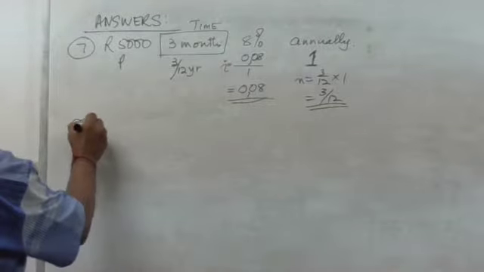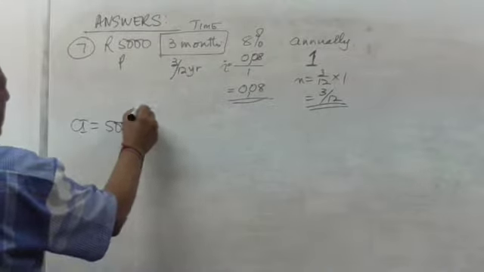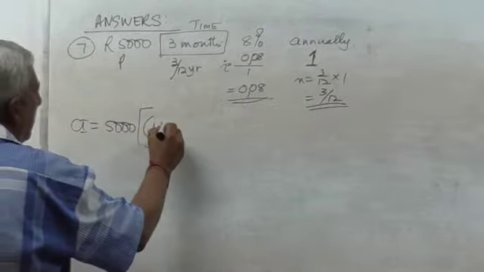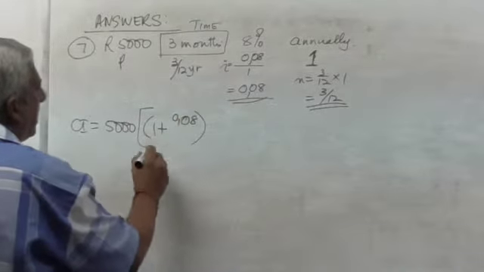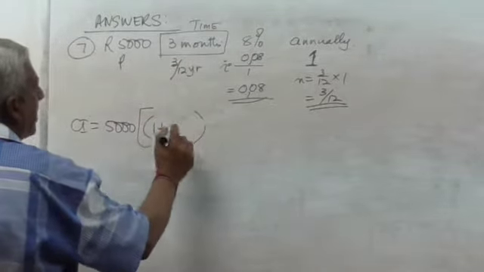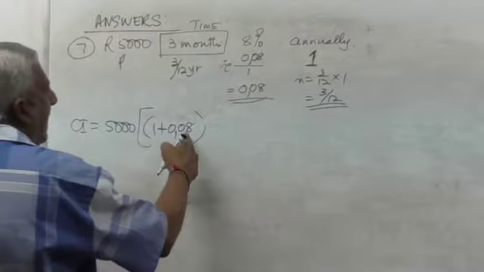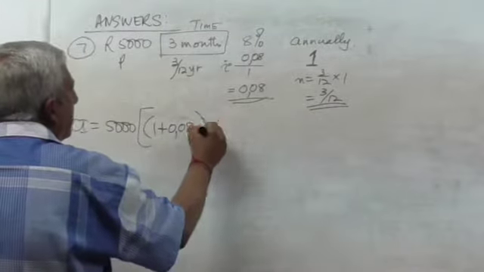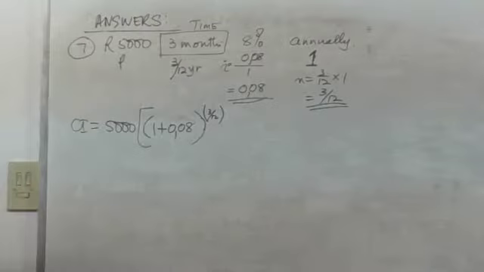So the compound interest is going to be 5,000 into 1 plus 0,08. Okay, this time there's no division, so I can just write it large, 0,08. The n is 3 over 12, and I'll advise you to put this in a bracket.